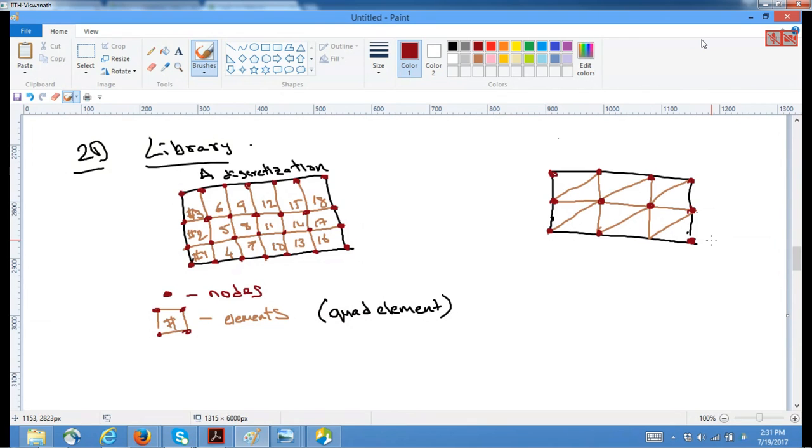So here again the same thing, these are nodes, and my element is given by either this kind of a triangle or this kind of a triangle with nodes ending on it.